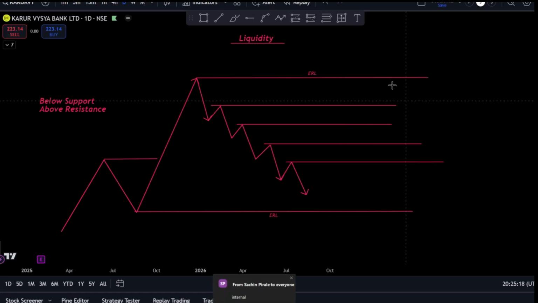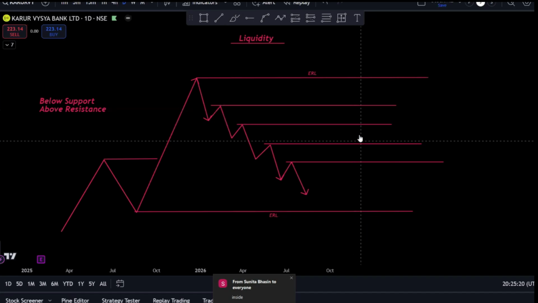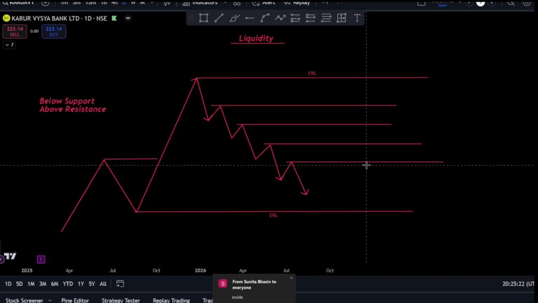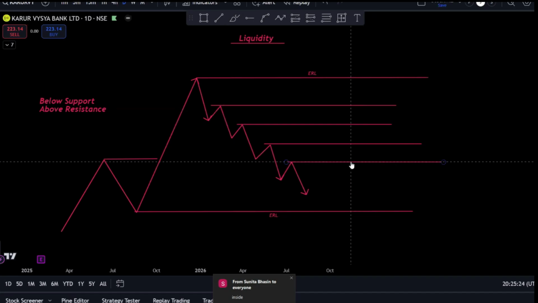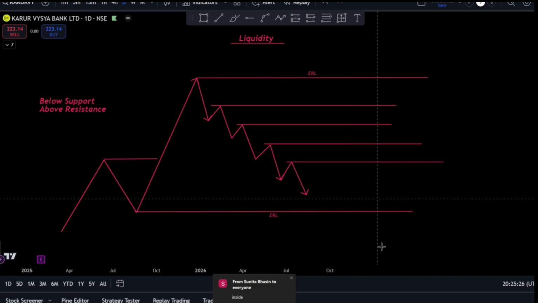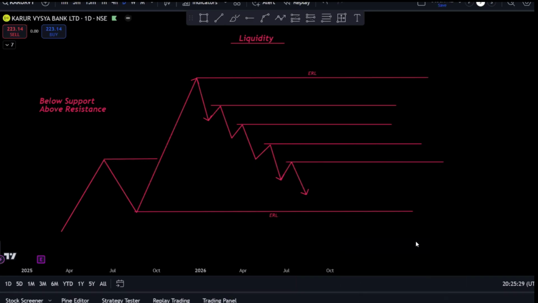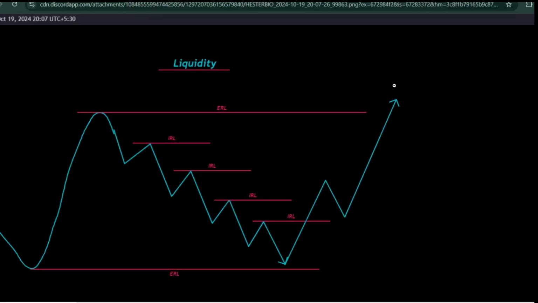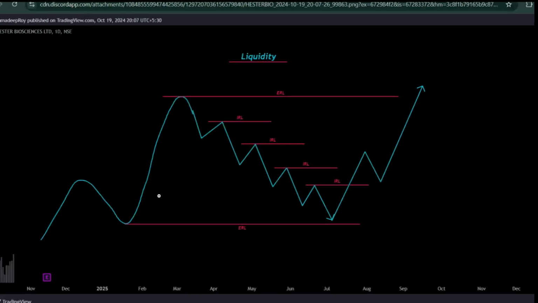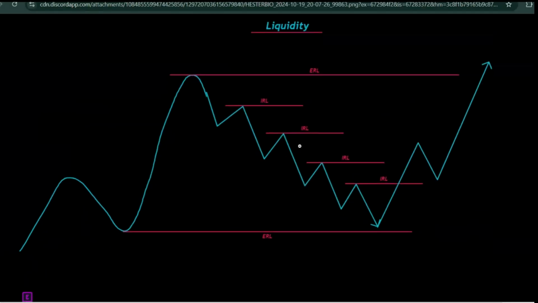So can I consider them as internal range liquidities right now? Are you all able to decode the external range liquidity and internal range liquidity based on what I just mentioned?